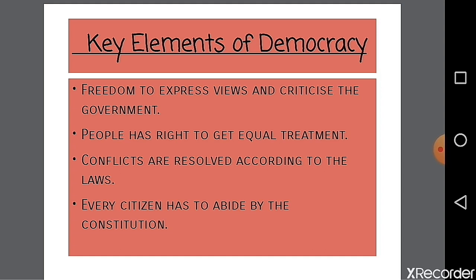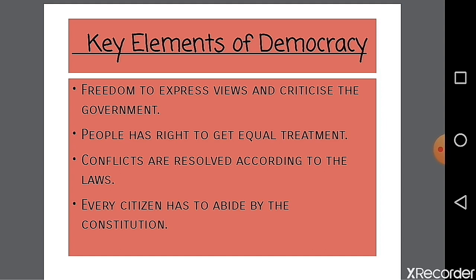It is not like that a Prime Minister is not obeying it because he or she is in power. So every citizen has to obey the constitution. And I am giving you a small fact about it: in India we have the lengthiest written constitution ever.